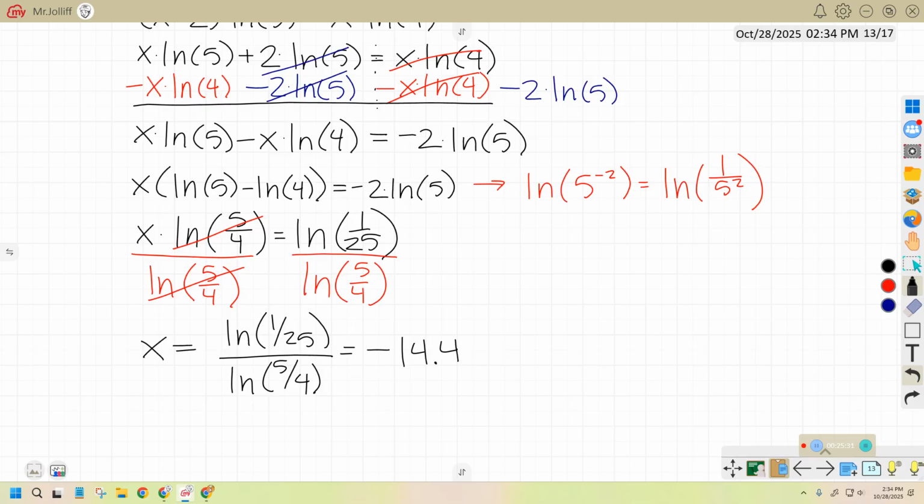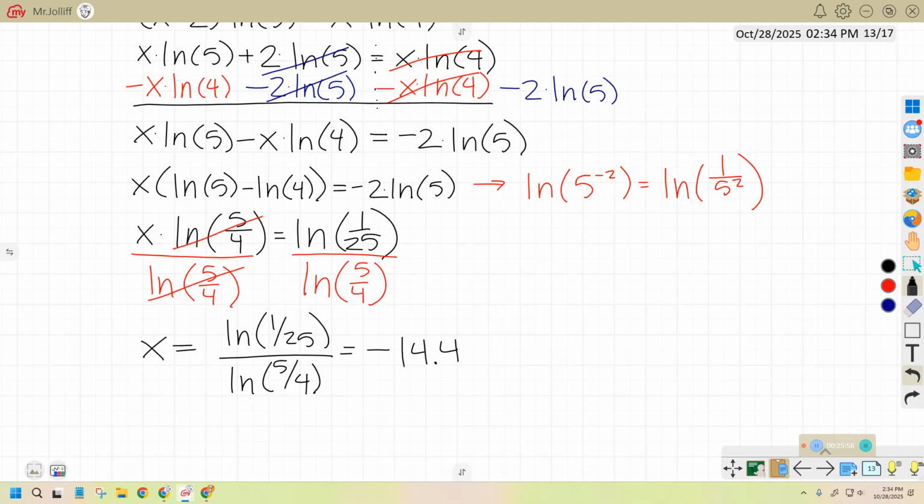I got negative 14.425 something, something, something. Be careful with your placement of parentheses. I know that should be accurate because I know that ln of a number that's less than 1 is going to be negative.